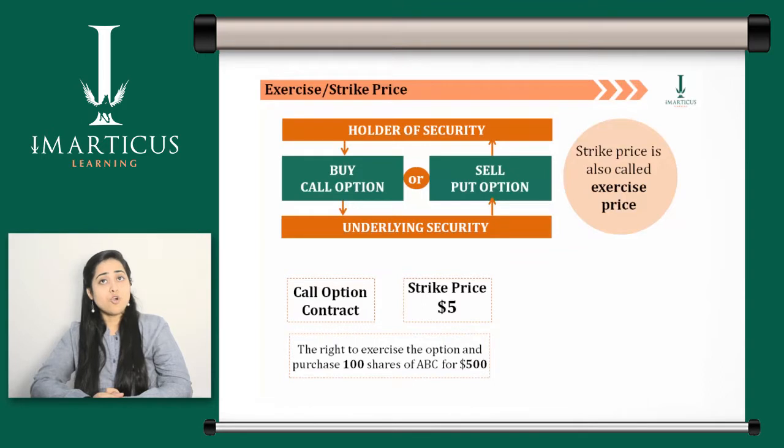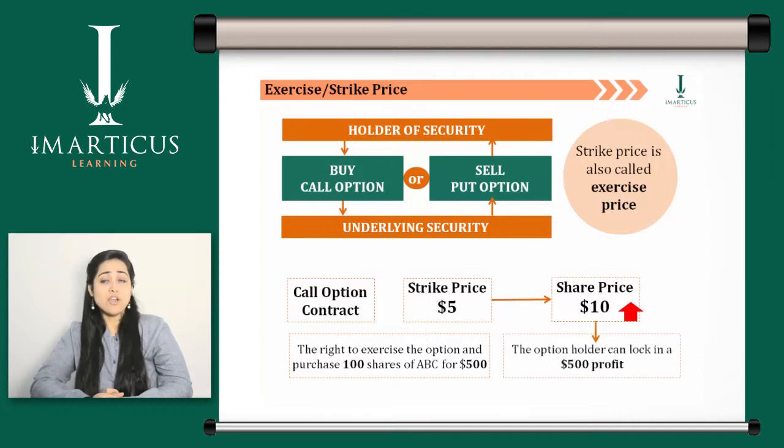Over the life of the option contract, the holder has the right to exercise the option and purchase 100 shares of ABC for $500. If the price of ABC shares rises to $10, the option holder can lock in a $500 profit by exercising the option because it allows him to buy shares at $5 and sell them for $10 in the open market.